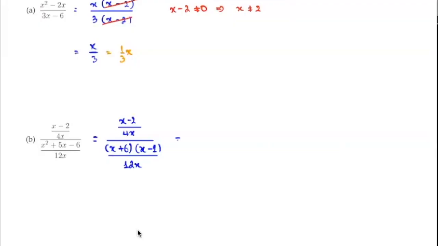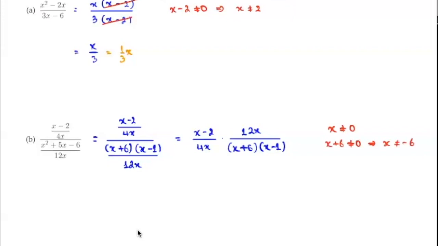Now you multiply by the reciprocal. Impose some conditions here. So x different from 0, x plus 6 different from 0 implies x different from negative 6, x minus 1 different from 0, x different from positive 1.